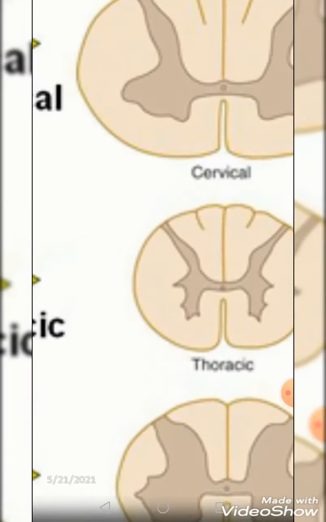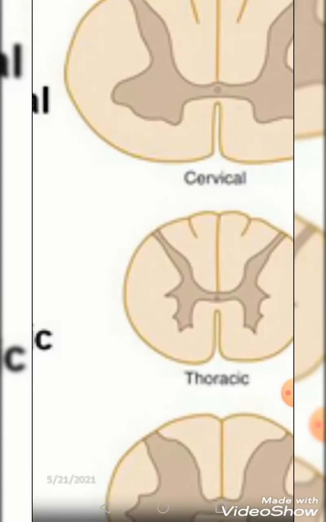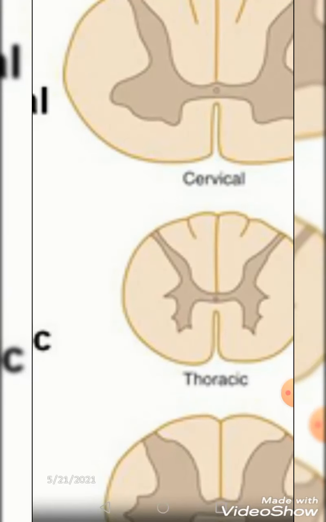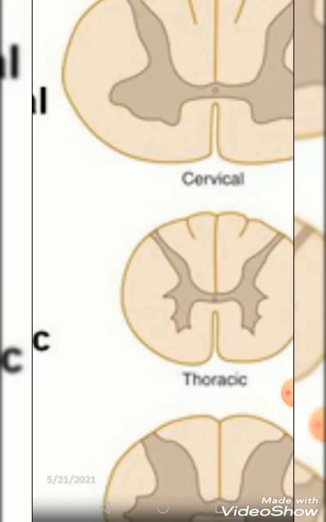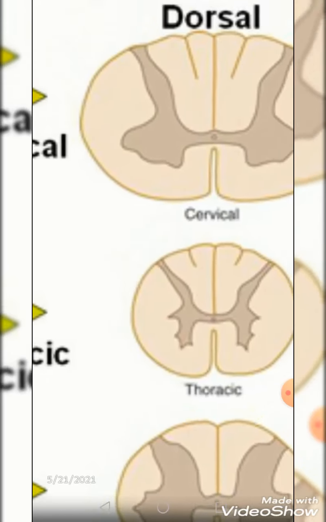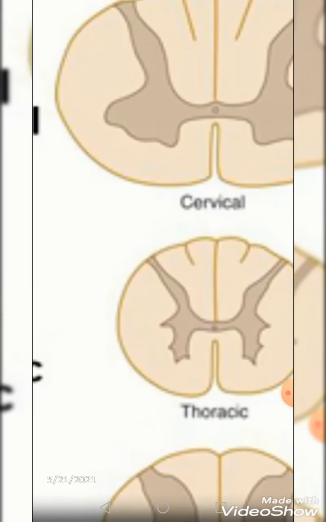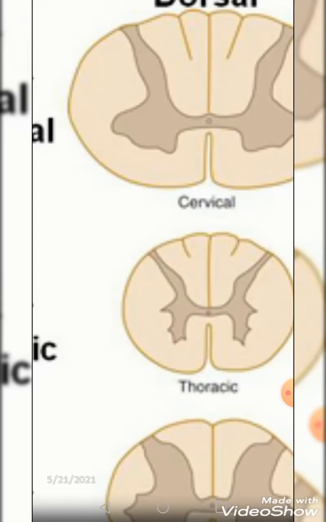The ventral horns are more prominent because they consist of the cell bodies of the large lower motor neurons to supply your muscles, and the dorsal horns are smaller and much less prominent. What do they carry?